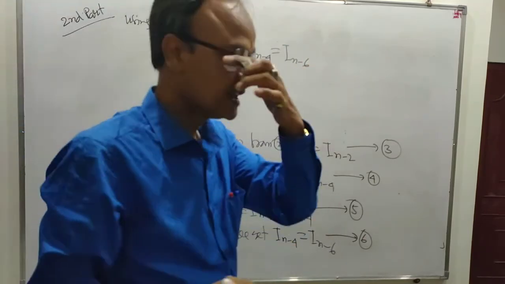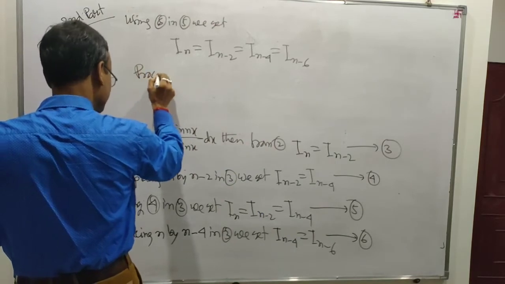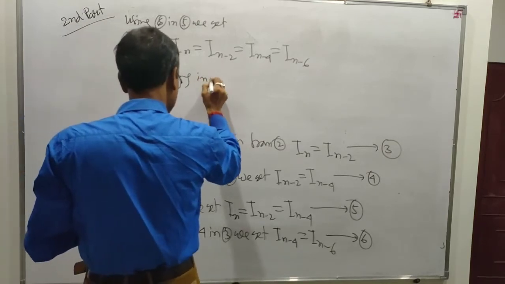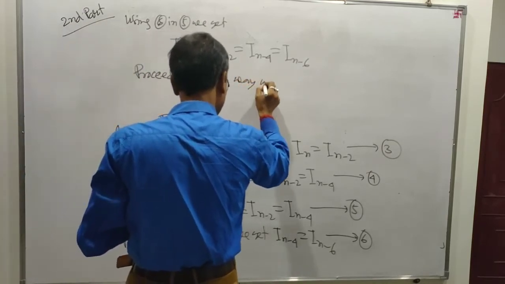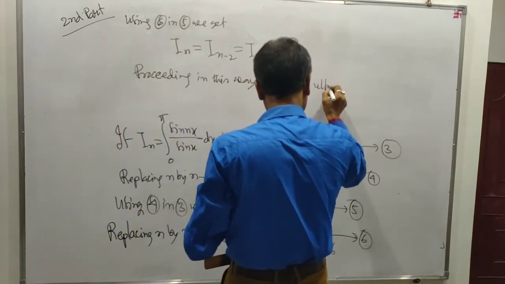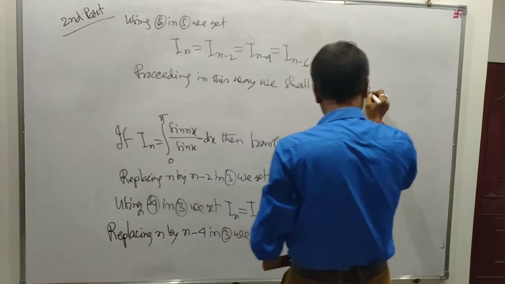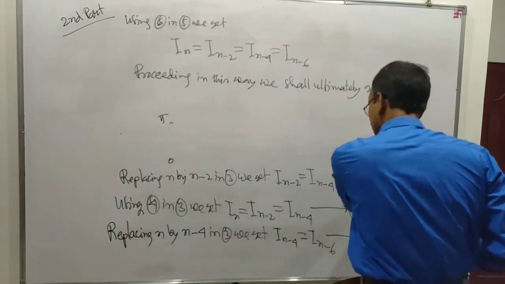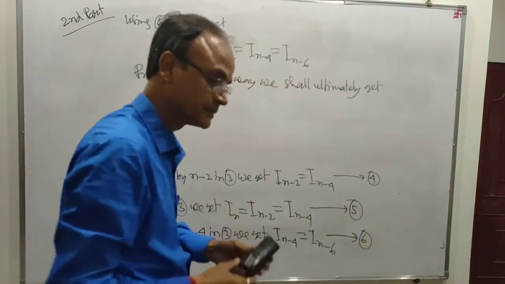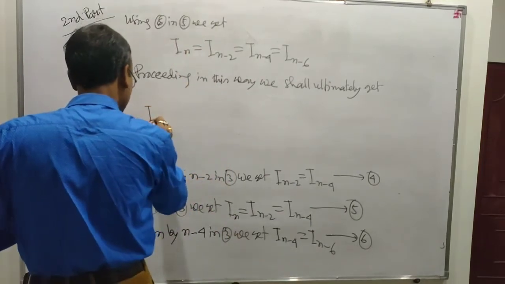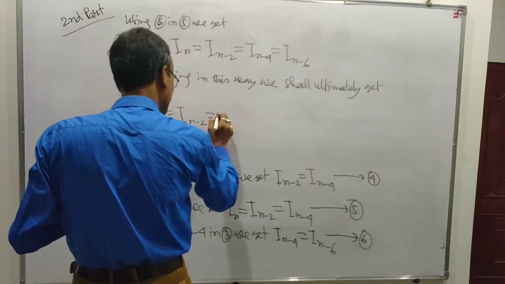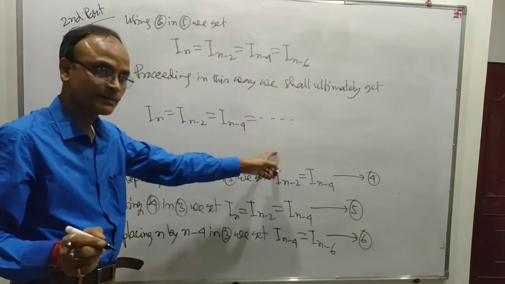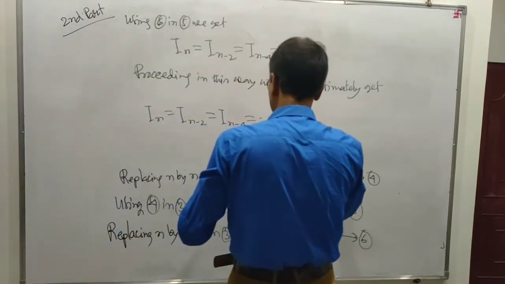Proceeding in this way, we shall ultimately get I_n equal to I_{n-2} equal to I_{n-4} equal to, reducing by 2 each time, I_{n-6}, I_{n-8}, like that.